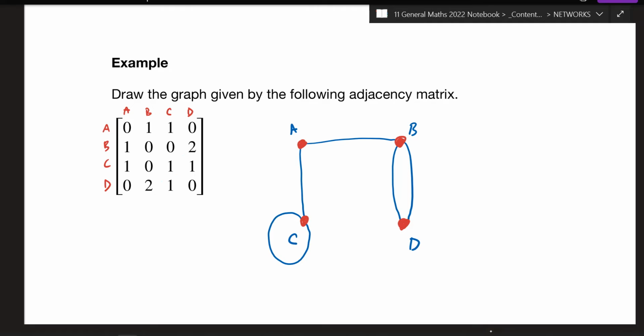You can draw it anywhere, just as long as there's a loop happening. And then C to D, there's one. Don't forget that one. And then D to A, there's none. Cool. D to B, there's already 2 there, so I don't have to redo it. And then D to C, there's already 1 there. I don't need to draw that. So there is my network for that matrix.